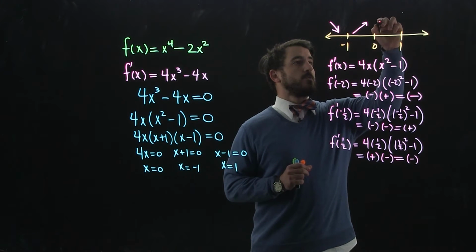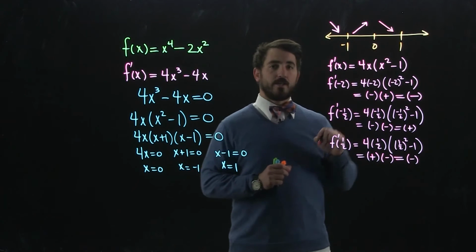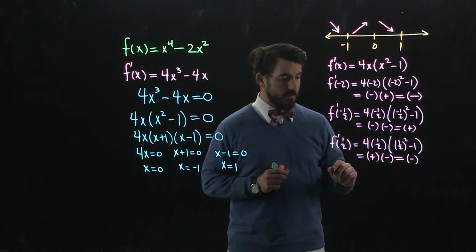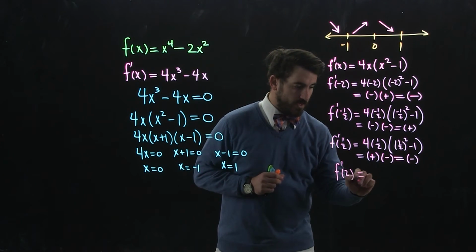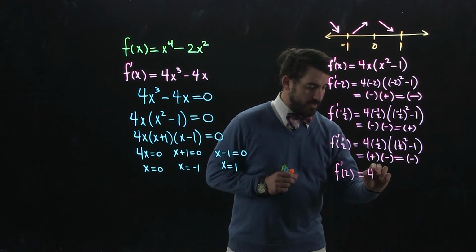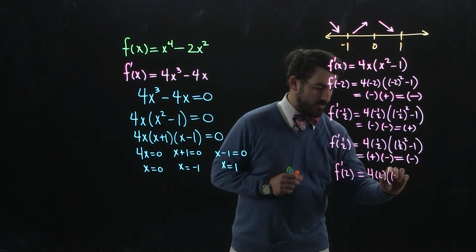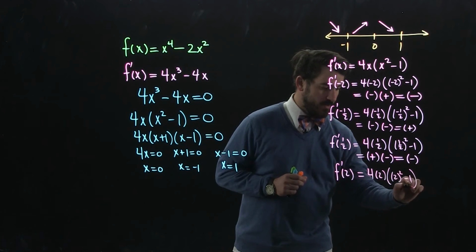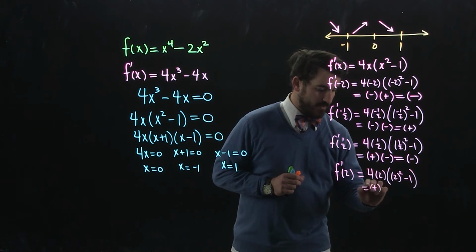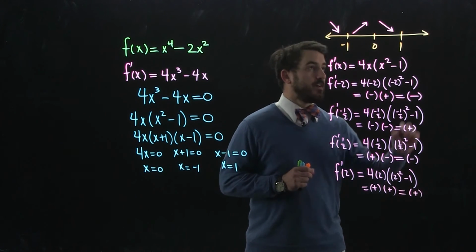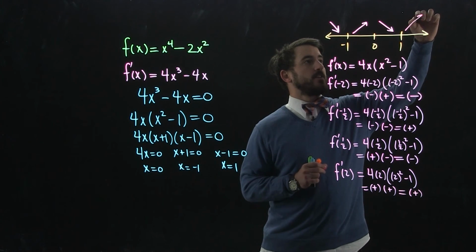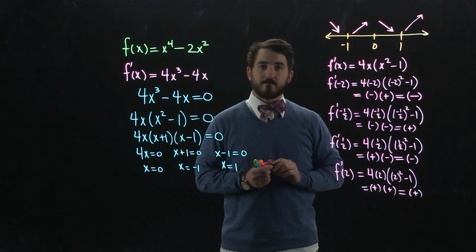So from 0 to 1, the function is decreasing. And then finally, f prime of 2 equals 4 times 2 times 2 squared minus 1. So that's going to be positive times positive, which makes this positive. So we have the function increasing on this interval.